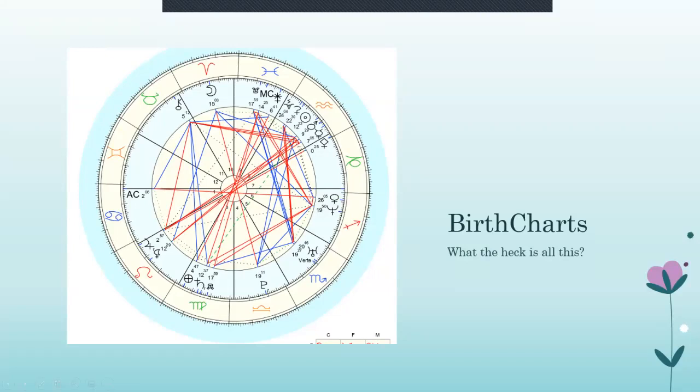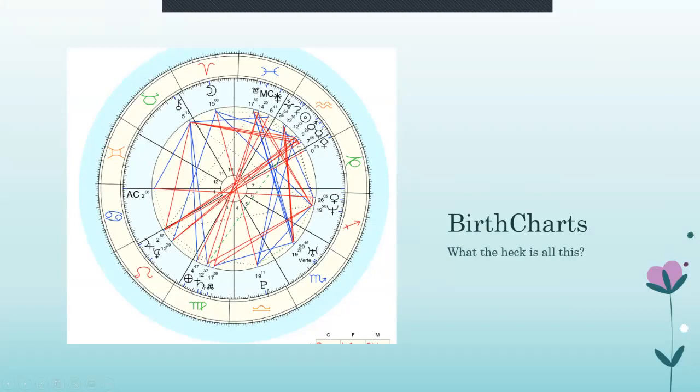Then it has your zodiac signs. Even though you are born specifically attached to one sun sign, you also have a moon sign here. You also have an ascendant or rising sign here. You have a descendant sign here. You also have Pluto, Neptune, Venus.